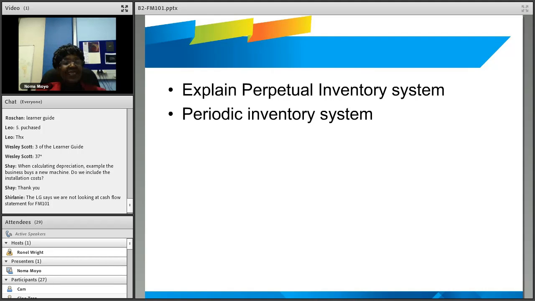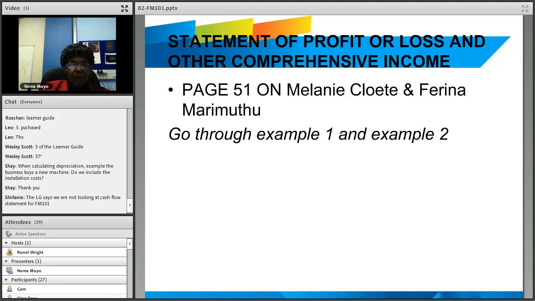But with periodic inventory, note that they might give you the opening inventory, give you the amount of purchases, give you the carriage on purchases, give you the freight on purchases, give you the returns, give you the sales returns, then they ask you to come up with the cost of goods sold. That would be periodic inventory.